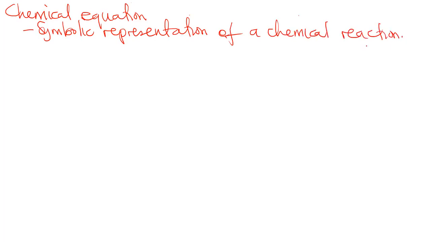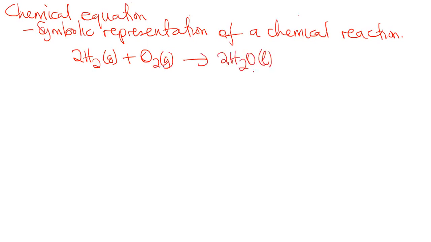So, for example, if you have 2H2 hydrogen gas plus O2 oxygen gas to give us 2H2O water liquid, this is a chemical equation.